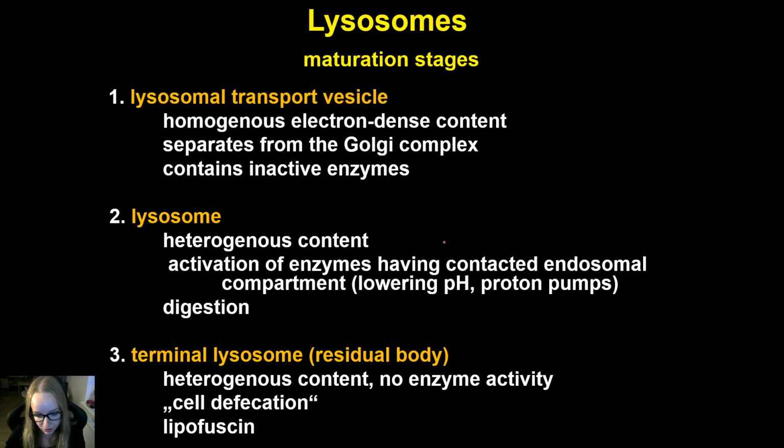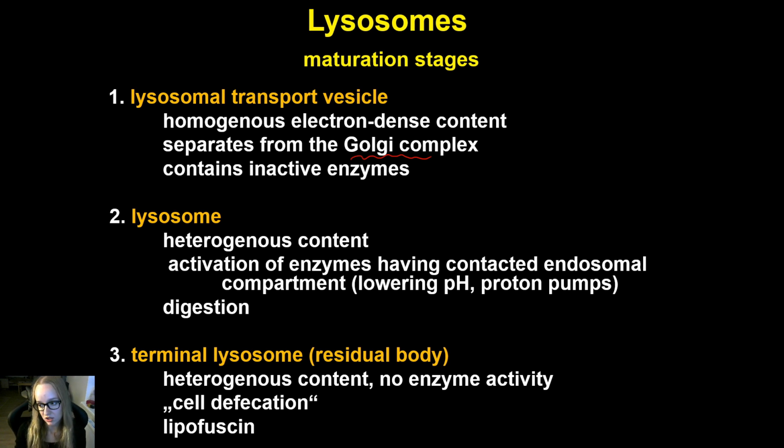Okay, so the lysosomal system has stages of maturation, and the earliest stage of development is the lysosomal transport vesicle. This vesicle is separated from the Golgi complex, of course. As I told you before, lysosomal enzymes need to be produced on the ribosomes, which are attached to the endoplasmic reticulum.